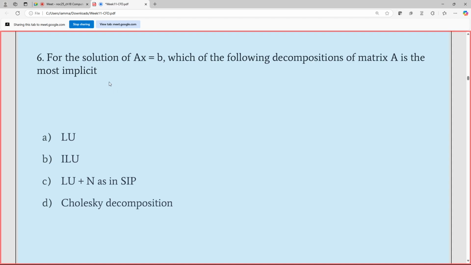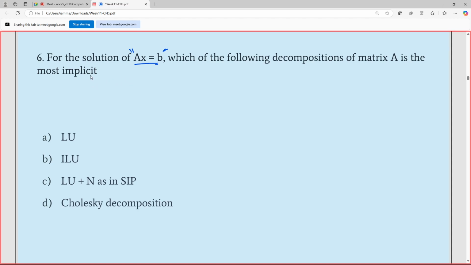Next question. For the solution of Ax equals B, which of the following decomposition of matrix A is the most implicit? So we know that this is the matrix formation of our system of linear equations, where A is the coefficient matrix, X is the unknowns, and B is the right side of the equation or the constants.